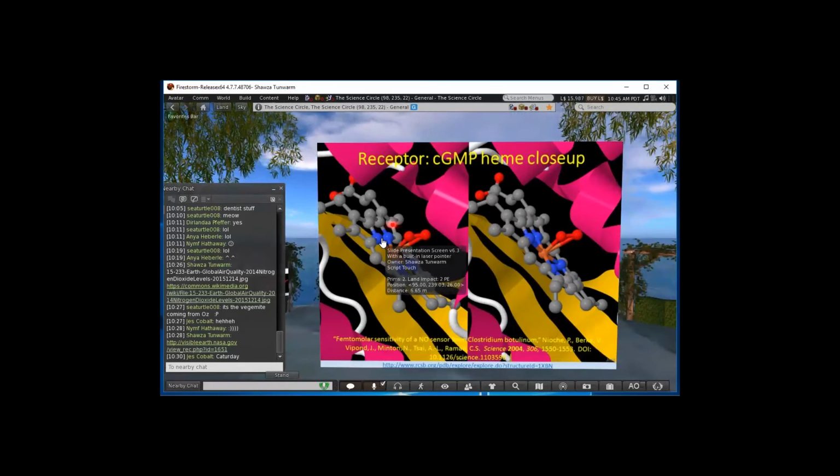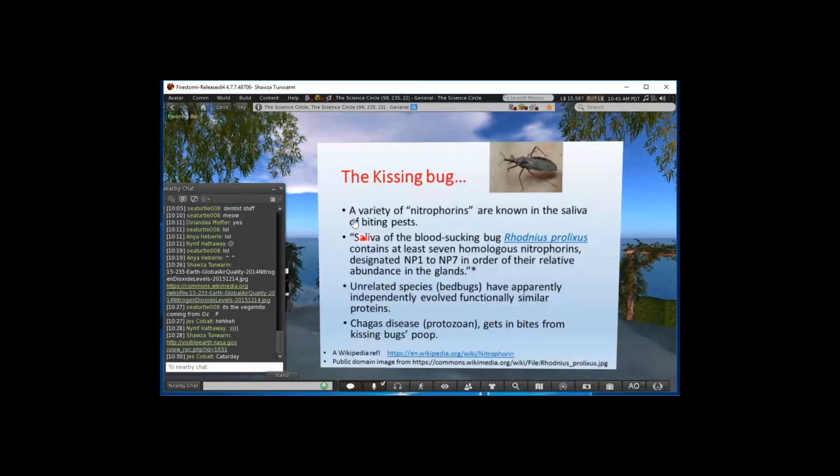All of these little heme proteins have very similar chemistries. Alrighty. Okay, so we can make NO. We can detect NO. That's our normal function.